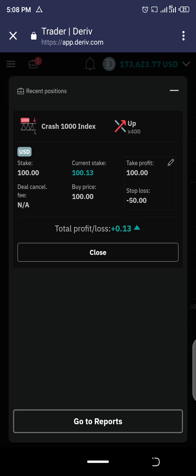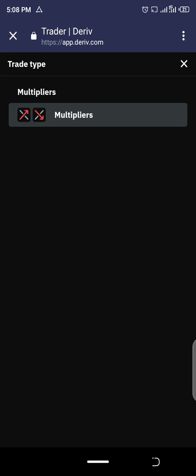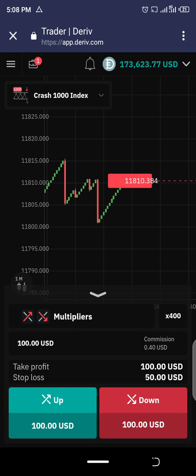I'm just looking at how it looks on this interface, how this boom and crash works. So it looks great, obviously. And let me assume I switch this chart. You can see the market type. One cannot switch this market type here. It can only remain that particular market when it comes to this boom and crash market.